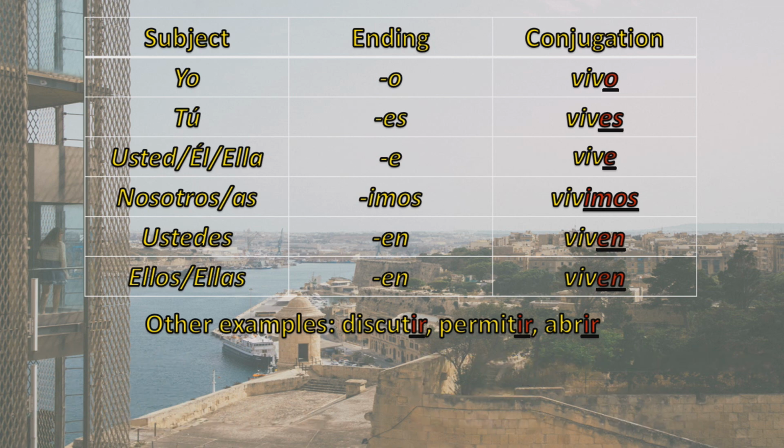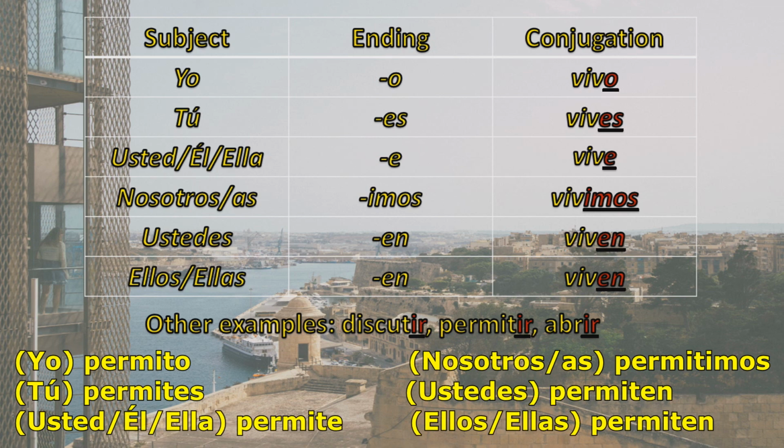The same with the word permitir, to allow. So I say, yo permito, tú permites, usted permite, él permite, ella permite, nosotros permitimos o nosotras permitimos, ustedes permiten, ellos permiten, or ellas permiten.